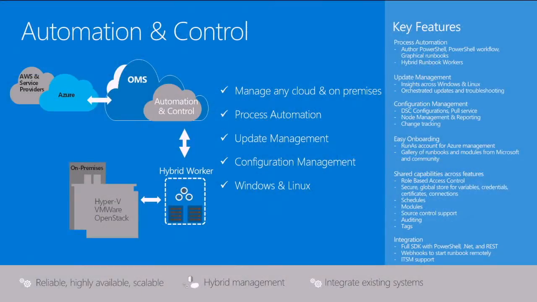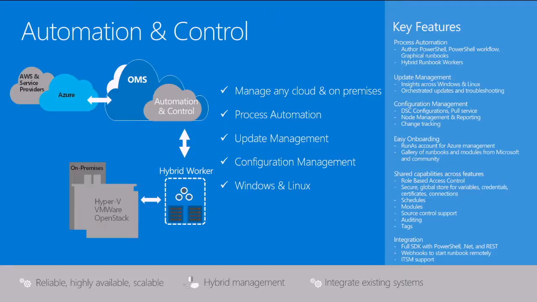So Azure Automation is designed to increase your productivity and the efficiency of your management. And to do this, we help manage any cloud or on-premise resources you have for both Windows and Linux machines. And we break this down into 3 core capabilities: process automation, update management, and configuration management.